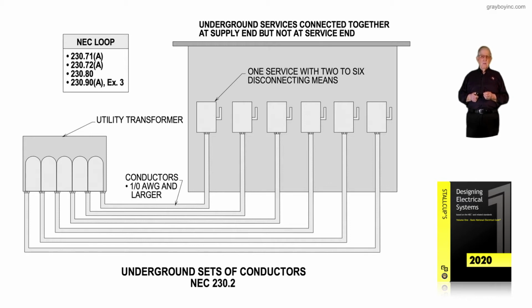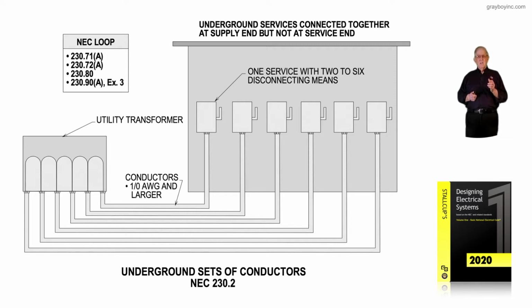And remember, in identifying the service point in earlier chapters, we said if the utility hit that transformer with their supply on the primary side and the customer owned that transformer and owned those 6 underground runs to those 6 disconnects you see on the building, then those wiring methods and conductors belong to the owner of the facility.